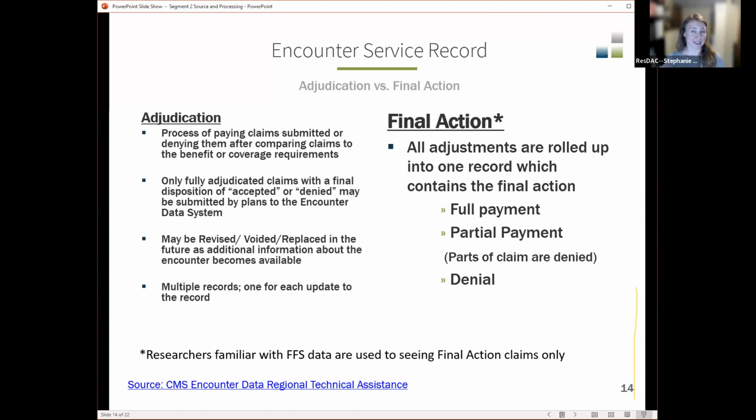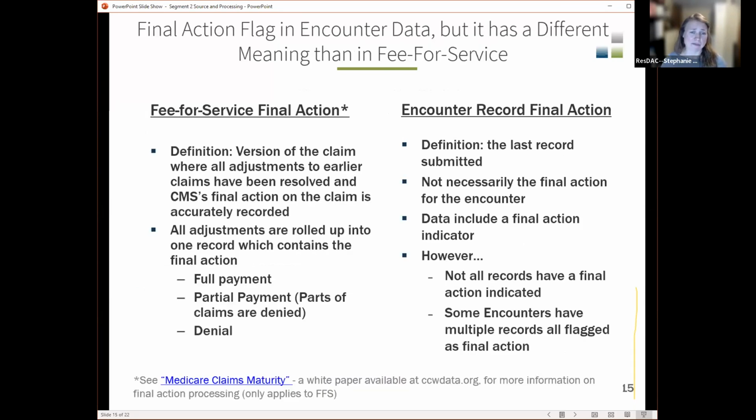Final action is really all of the adjustments, even if it's multiple steps, rolled up into a single record that's either a full payment, a partial payment, or a denial. So with fee-for-service, we typically see one record per claim, and it does include denied claims.